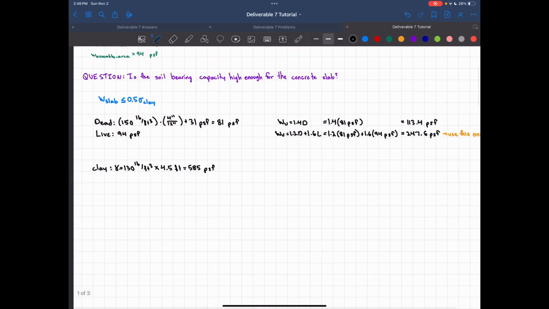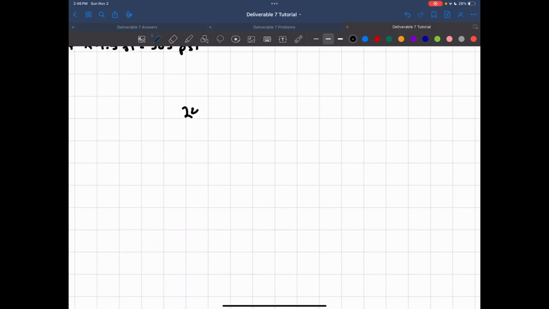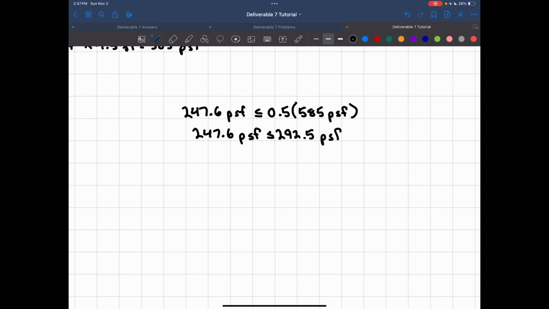So plugging our numbers in, we have 247.6 pounds per square foot needs to be less than or equal to 0.5 times 585 pounds per square foot. If I do that out really quickly, we get 247.6 pounds per square foot is less than or equal to 292.5 pounds per square foot.